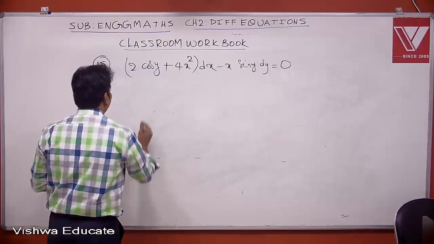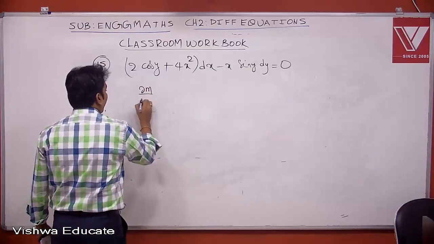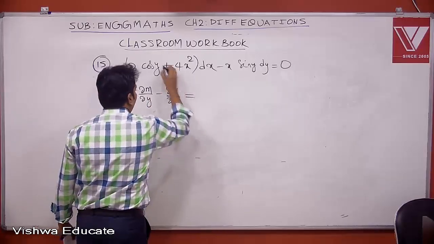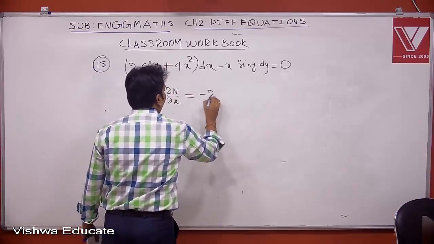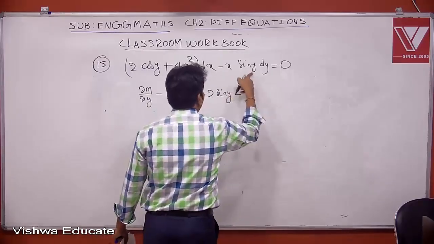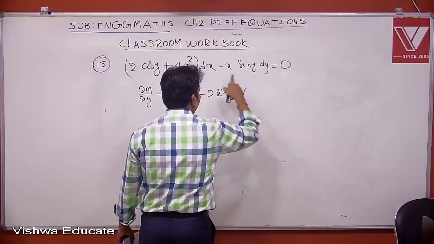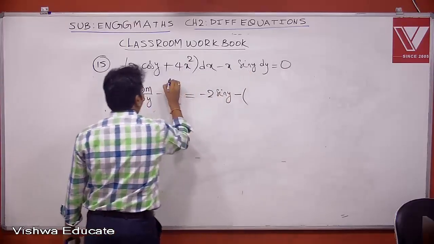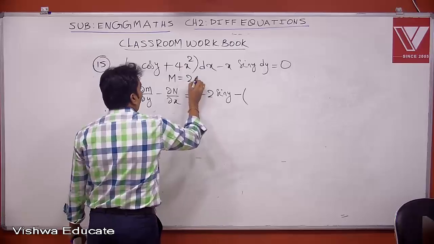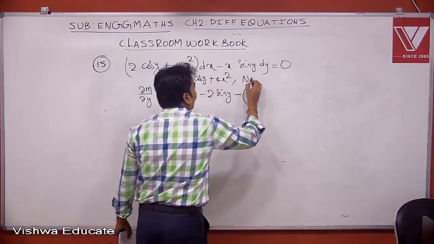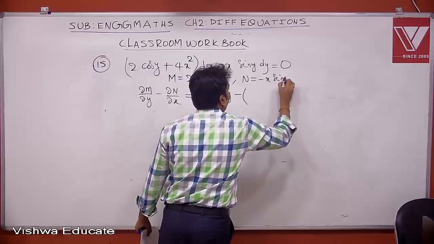Therefore, I will try to find the difference of these two quantities: dou M by dou y minus dou N by dou x. So dou M by dou y is minus 2 sin y, minus dou N by dou x. This is the N value. N is minus x sin y. If you want, you can write M equal to 2 cos y plus 4x² and N equal to minus x sin y.